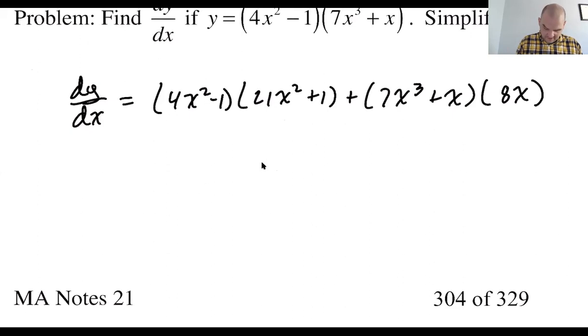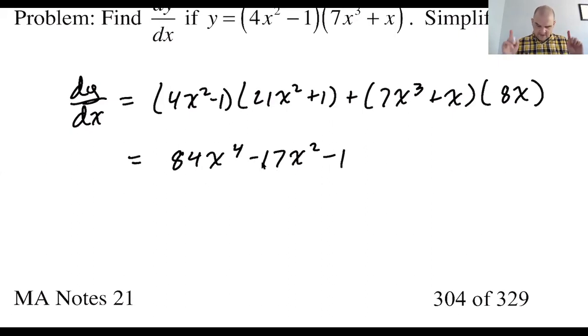So here we go, I guess. 84x to the 4th, plus 4x squared, minus 21x squared, minus 17x squared, minus 1. So that was 4 times 21, 84. And then 4 times 1, negative 21 is negative 17, and minus 1.